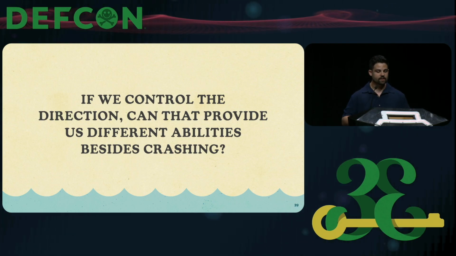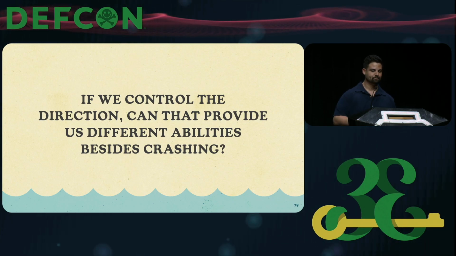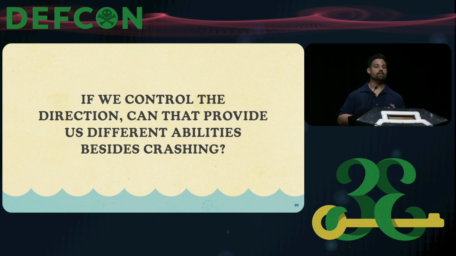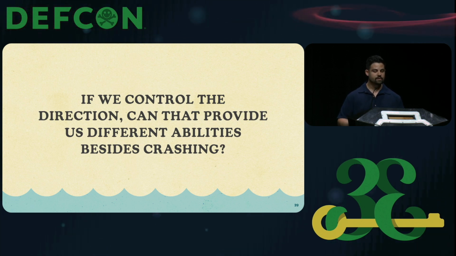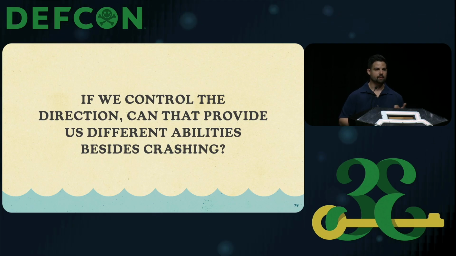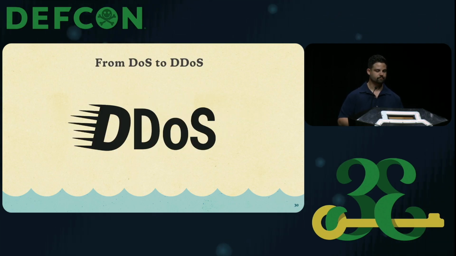Even though that was the case, we still learned about the referral process that we didn't know before, which gave us an idea. If we are the LDAP server and we can provide a referral, can we use that for something else other than just crashing? Maybe we can leverage domain controllers as LDAP clients instead of using that against them.